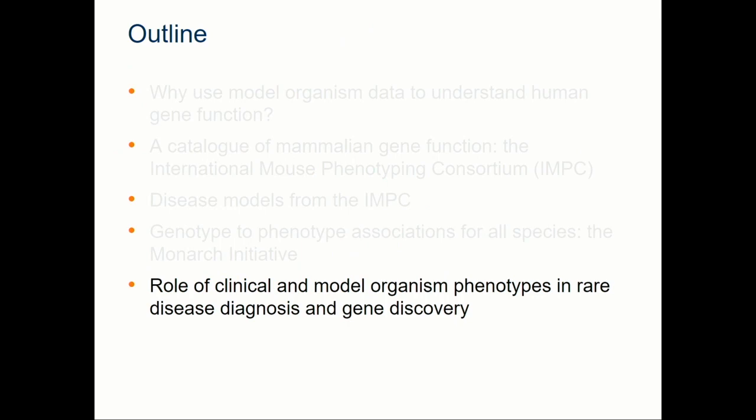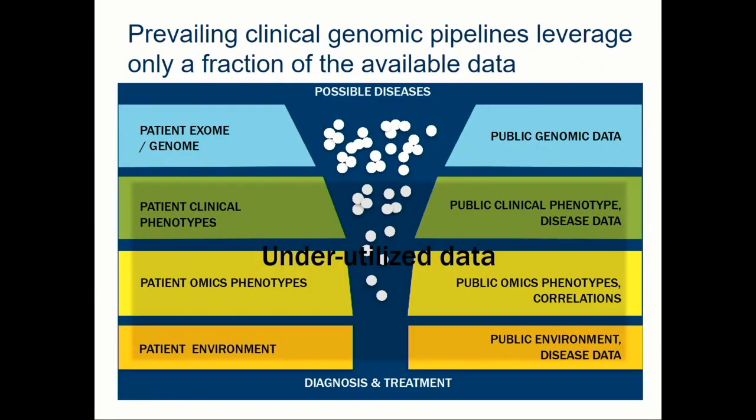And then I want to finish off by talking about the role that clinical model organism phenotypes play in rare disease diagnosis and gene discovery. As part of the Monarch Initiative, what we're really trying to do is tackle the very challenging problem of diagnosing disease patients just using the genome data, as I'll show on the next slide.